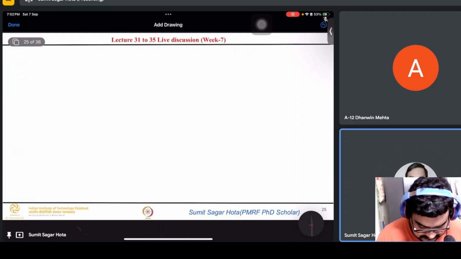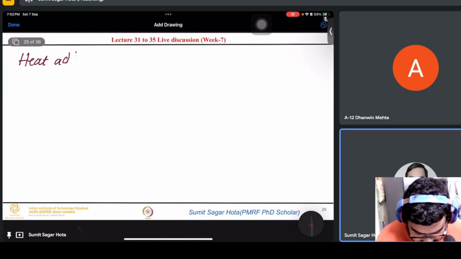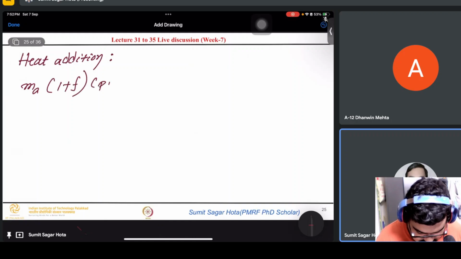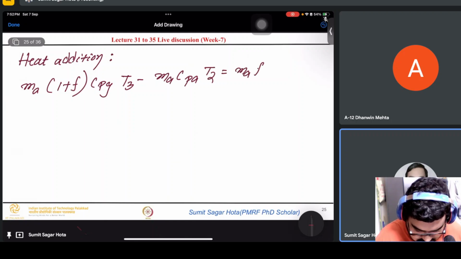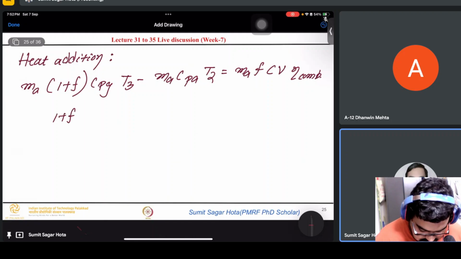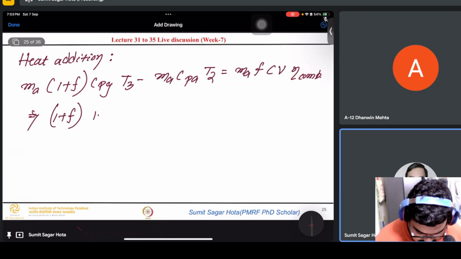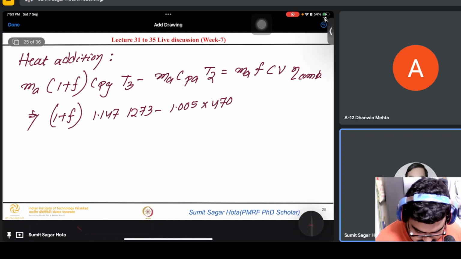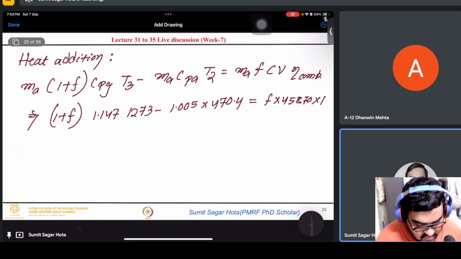But assuming combustion efficiency as 1, which is a theoretical assumption.